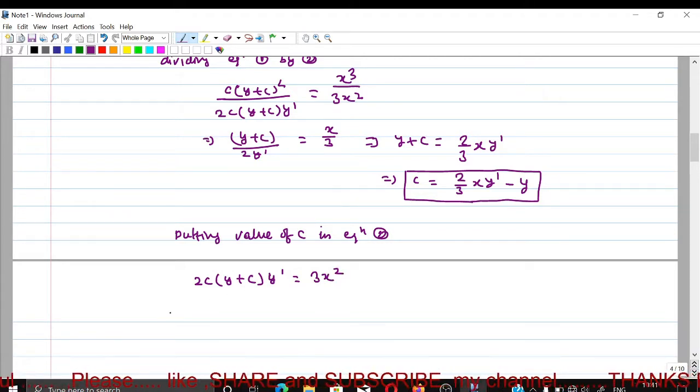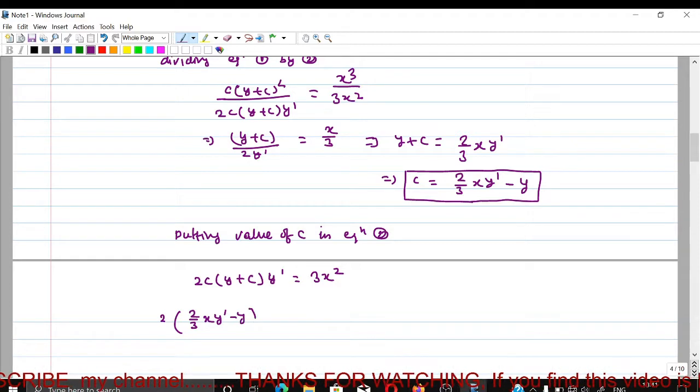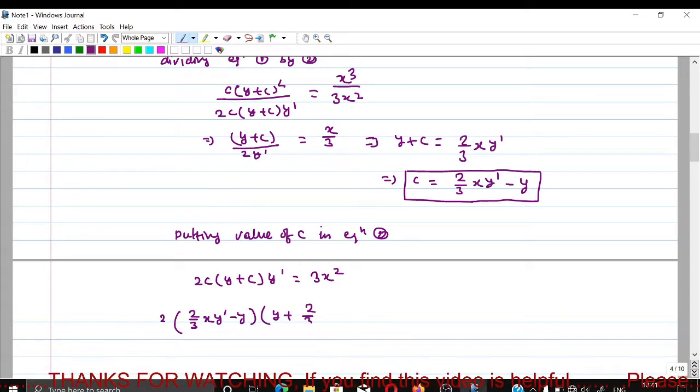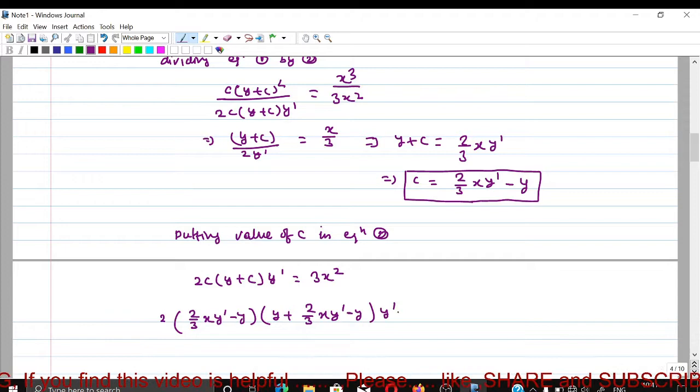Put the value of c, and after putting you will get 2 into (2 by 3 x y dash minus y) plus (2 by 3 x y dash minus y) into y dash equal to 3x square.